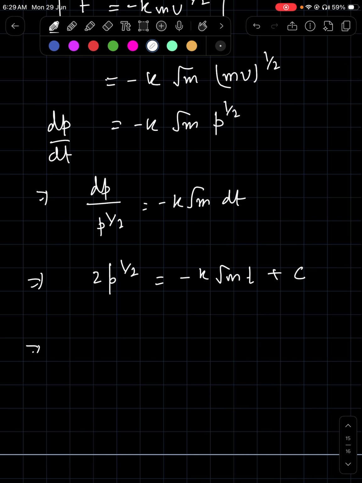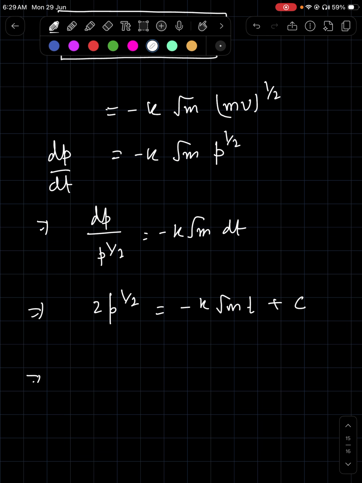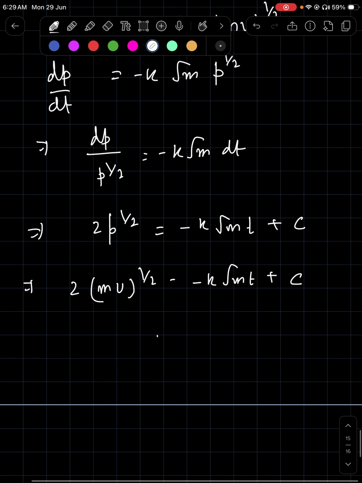And so the v will be decreasing, right? We have already anticipated that v will be decreasing. Just remember that. So first we have to express m v to the power half as minus k root m t plus c. For shortcut, I can write the c as root m into some constant a, because the constant can be written as the multiplication of any two constants.